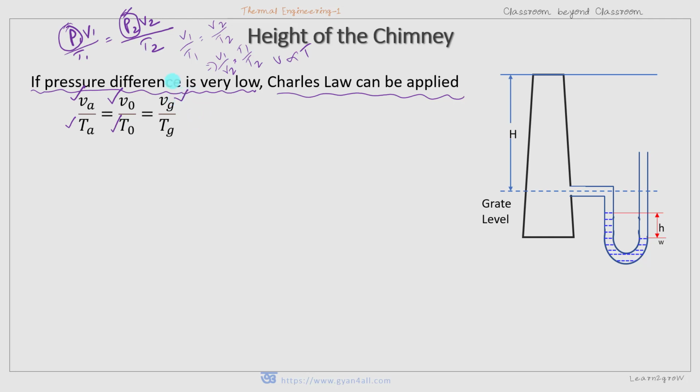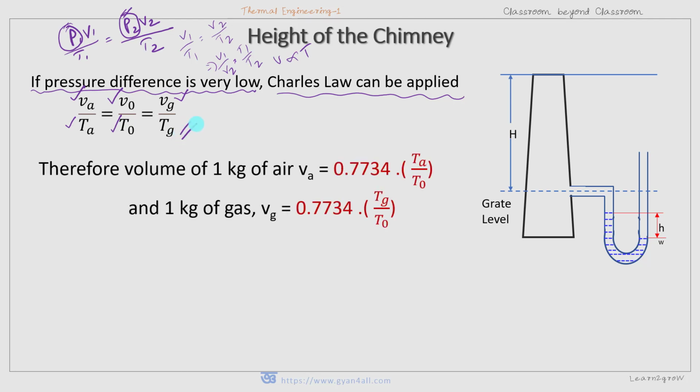Vg is the volume of gas inside the chimney, or volume of the gas at a temperature of Tg. So from this we can say the volume of 1 kg of air is this much at a temperature of Ta Kelvin.